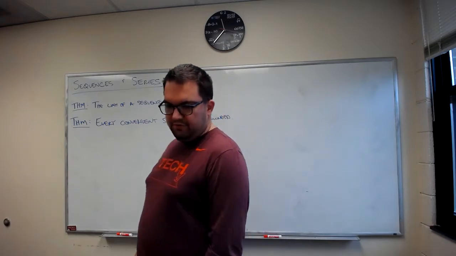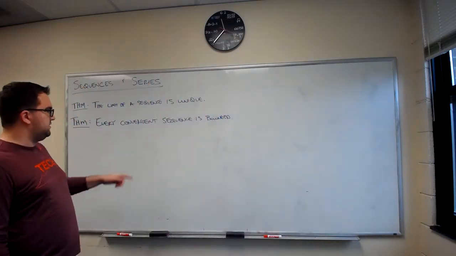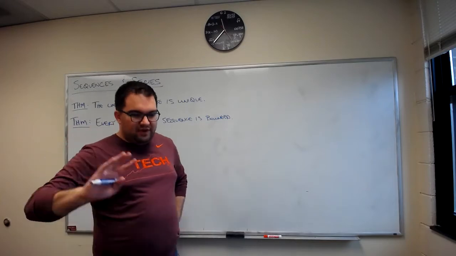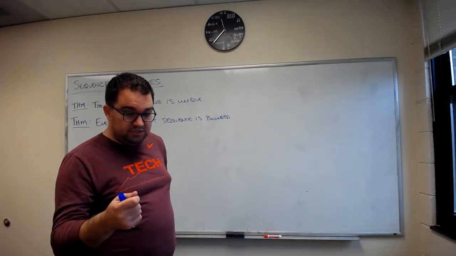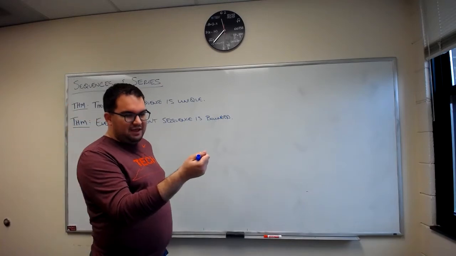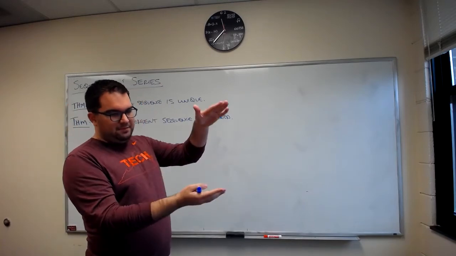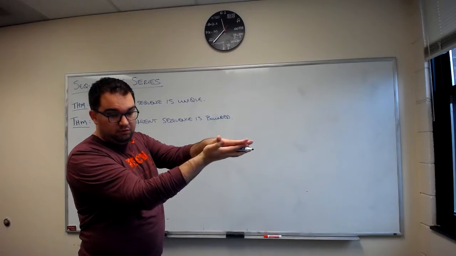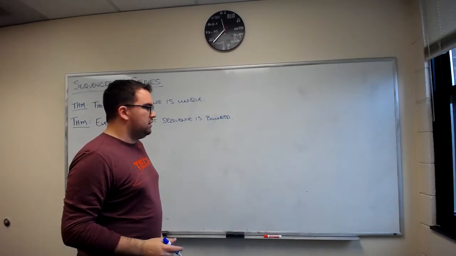The spirit of the proof of this is, well, if my sequence is convergent, then that means if I go out far enough, it's getting really close to some value. Okay? So once I go out far enough, it's going to be close to that value. And since it's close to that value, it can't become unbounded far out, right? Because it's got to be close to L, whatever it converges to.